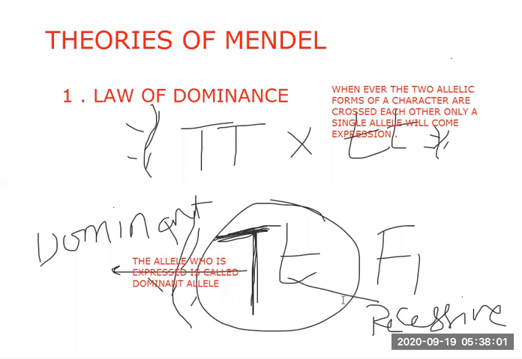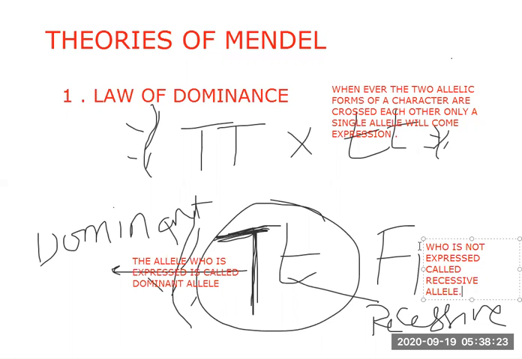The allelic form which is not expressed is called the recessive allele. So the theory is the law of dominance. This is the first theory of Mendel.